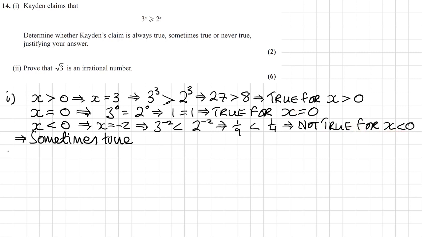Part 2. Prove that square root of 3 is an irrational number. Now this is a proof by contradiction, so we start by assuming that root 3 is rational.